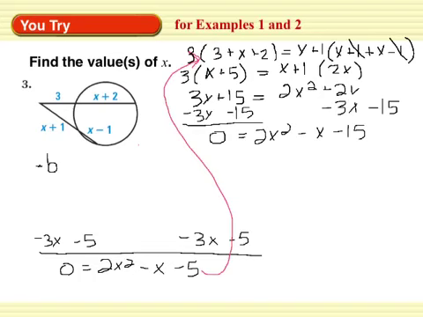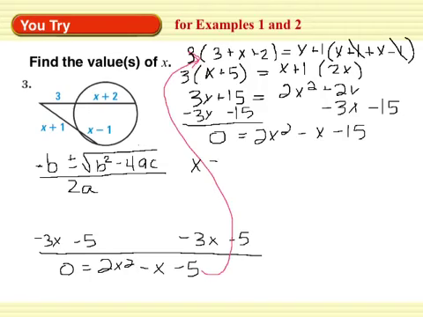Quadratic formula: negative b plus or minus the square root of b squared minus 4ac all over 2a. Let's put that in. So x equals, let's see, I have a is 2, b is negative 1, and c is negative 15.